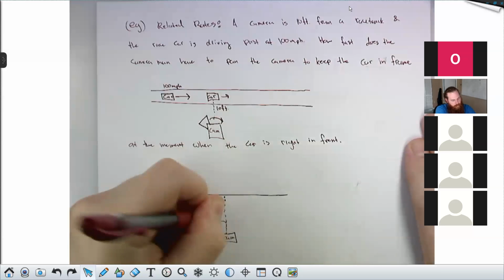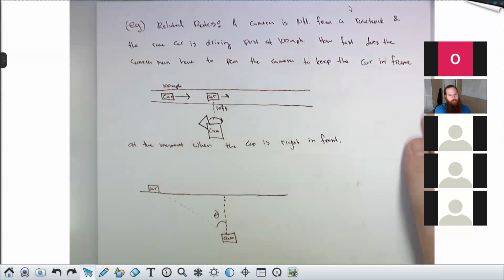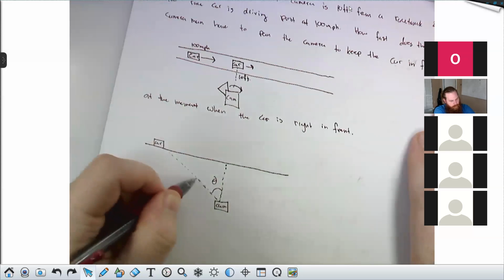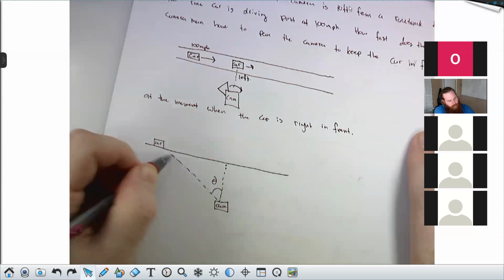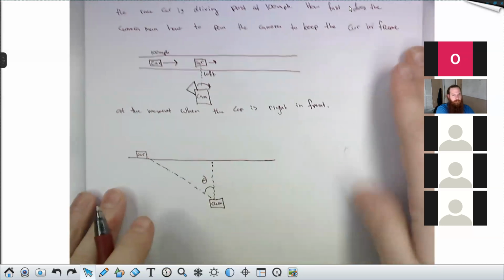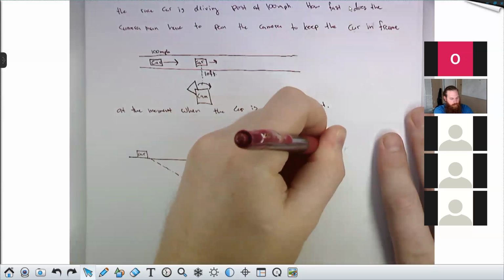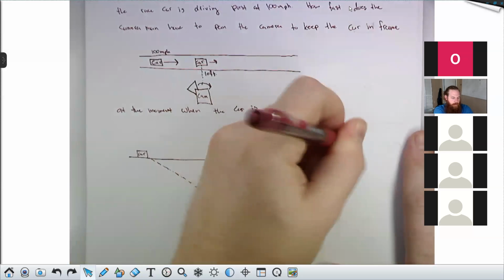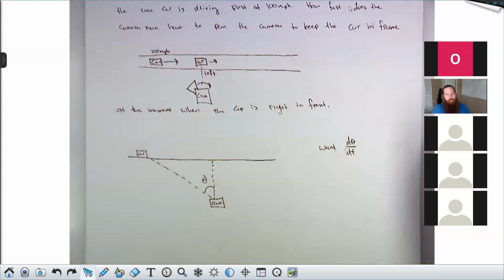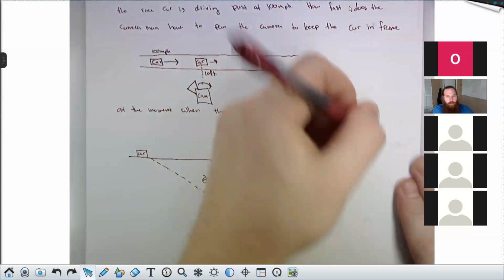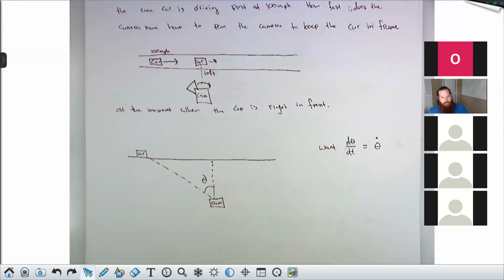This angle right here, I can call theta. Then the thing I'm looking for is d theta dt. Or if you prefer the dot notation we introduced last time, I'm looking for theta dot.